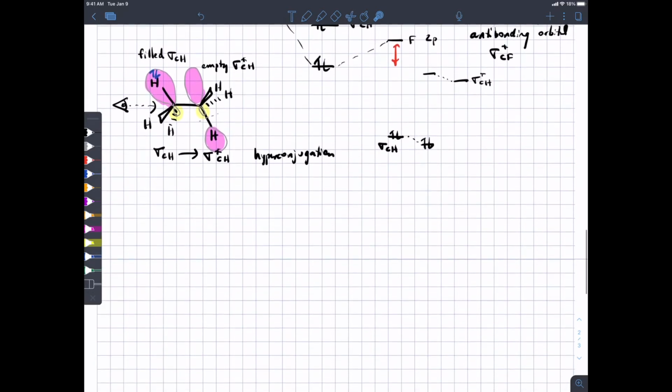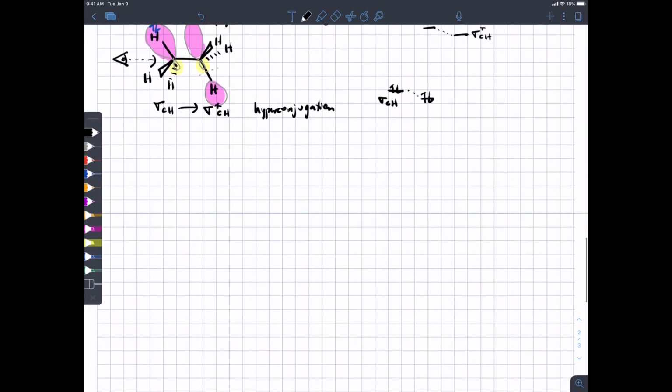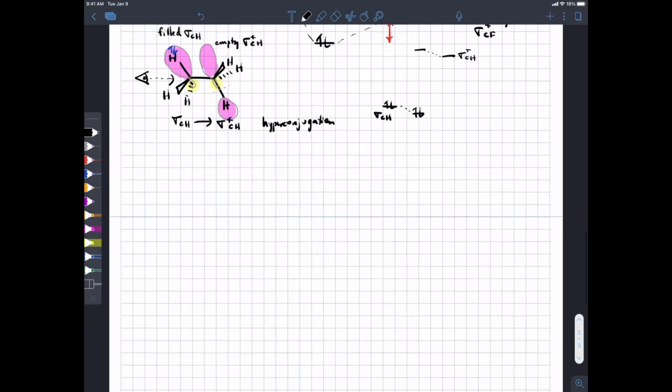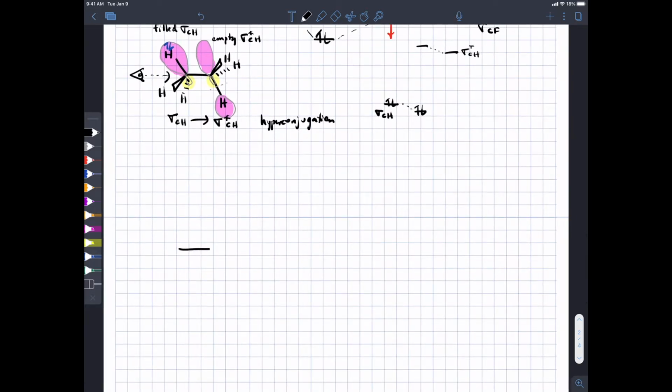than eclipsed. Now, let's replace both of those hydrogens with fluorines, shall we? And see what happens, and see if there's an alternative, better arrangement.